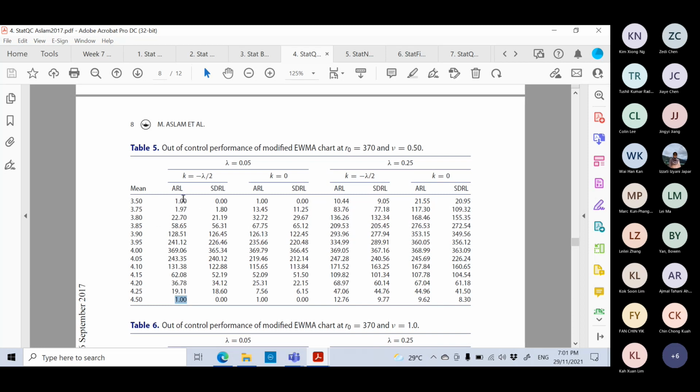Of course, all these have meaning under quality control. As I mentioned, if you're working in this area, then you will know what the ARL is. The quality control chart is not only applied in industry.